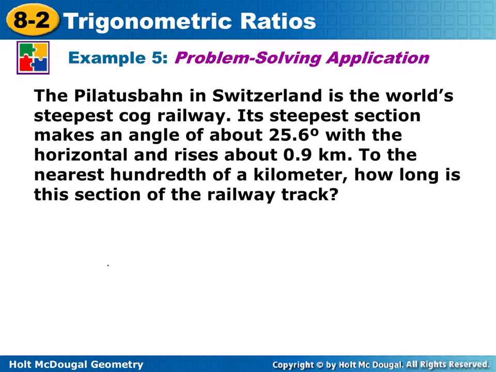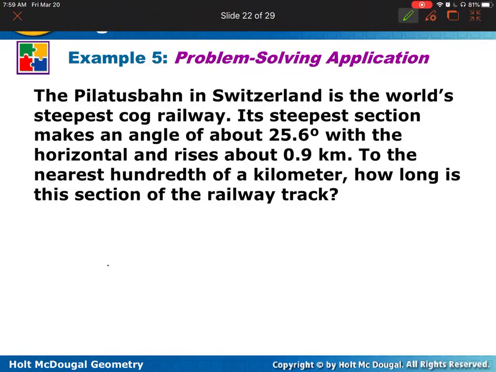Okay, this one is a real world situation where we have the Plattersbahn in Switzerland, the world's steepest cog railway. Its steepest section makes an angle of about 25.6 degrees. So I'm going to make our triangle here.